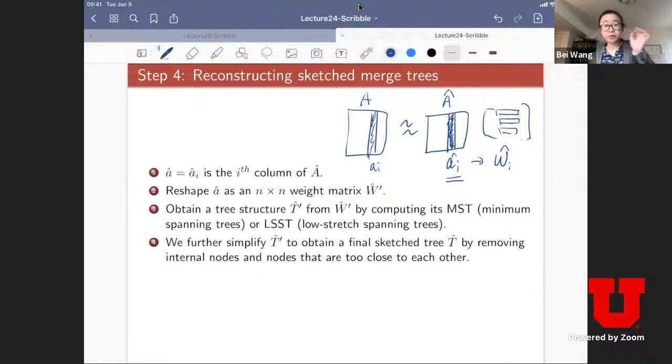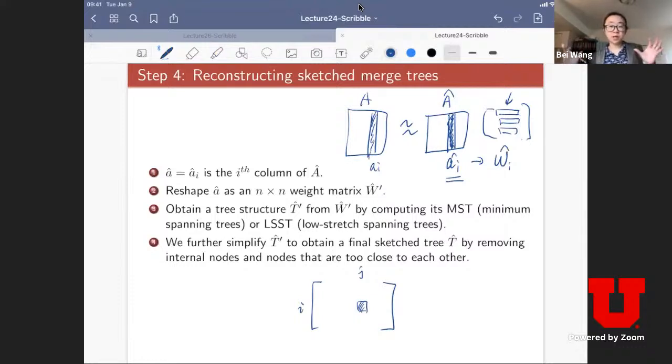And then what we do is we compute the minimum spanning tree based on these weights. What does that mean? Because this is a weight matrix, it tells me, between node I and node J, what the corresponding weight is.